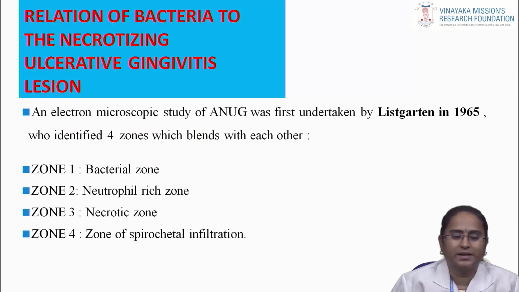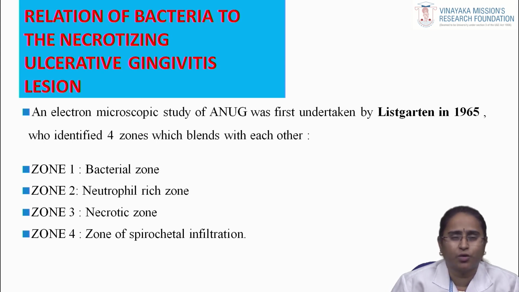So, relation of bacteria to necrotizing ulcerative gingivitis. An electron microscopic study was conducted by Listgarten in 1965, who identified 4 zones. Zone 1 is the bacterial zone, where bacteria are abundant, such as fusiform species and spirochetes, especially Treponema species. Zone 2 is the neutrophil-rich zone, where neutrophils are abundant.